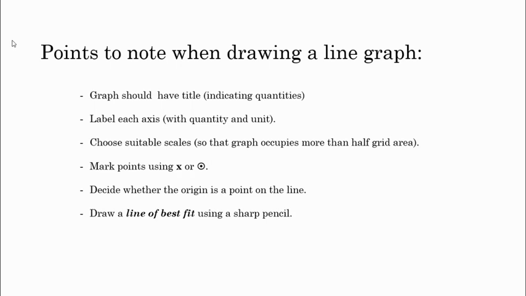If you're plotting a graph of length against time, if that's what the title says, then length goes on the y-axis, time goes on the x-axis. So the labeling of the axes must correspond to the title, and also each axis must be labeled with both the quantity and the unit that that quantity is measured in.